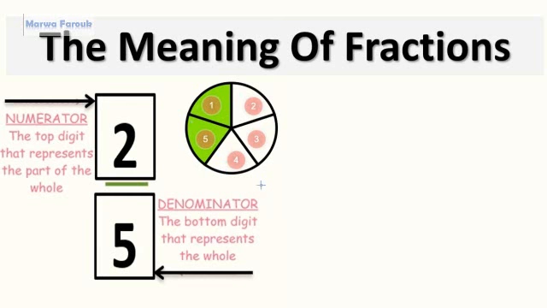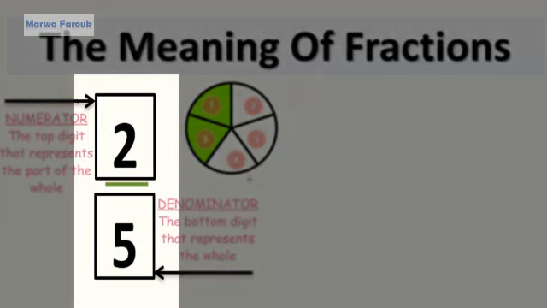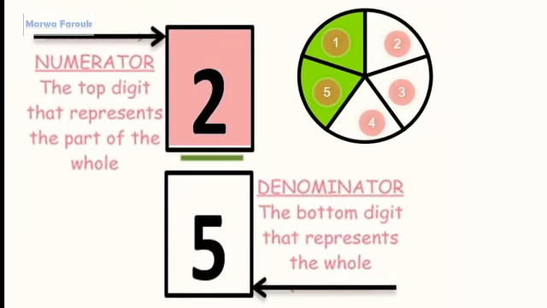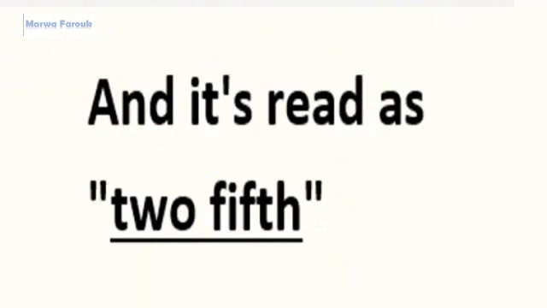I will describe them as a fraction. How? I will write in the numerator the number of colored parts I want to represent, and I will write down the number of whole parts. And as we know in the previous video, 2 is called numerator and 5 is called denominator.